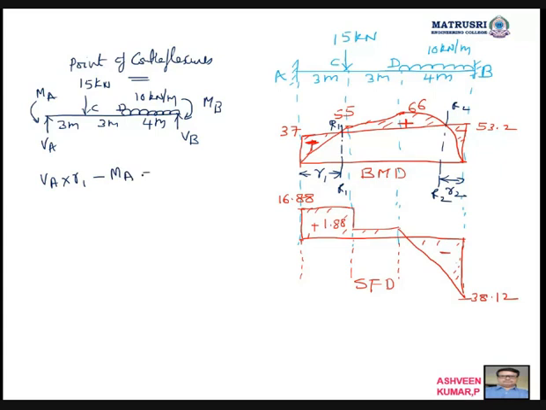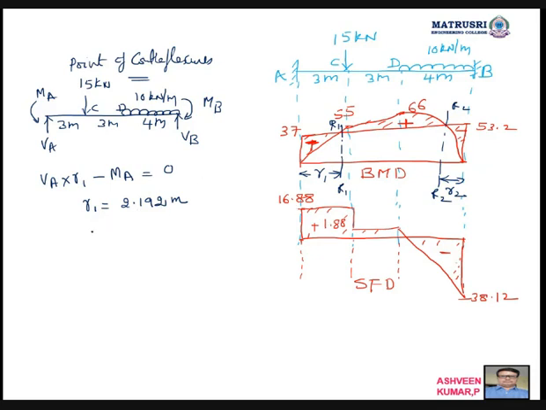Minus MA is equal to 0. Substitute the value of VA and MA. You get the value of R1 as 2.192 meter. So what is the VA value? MA value is 37. Then VA value is 16.88.